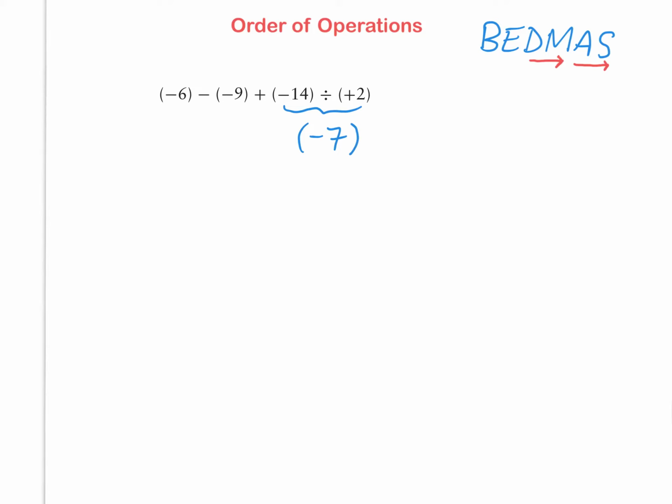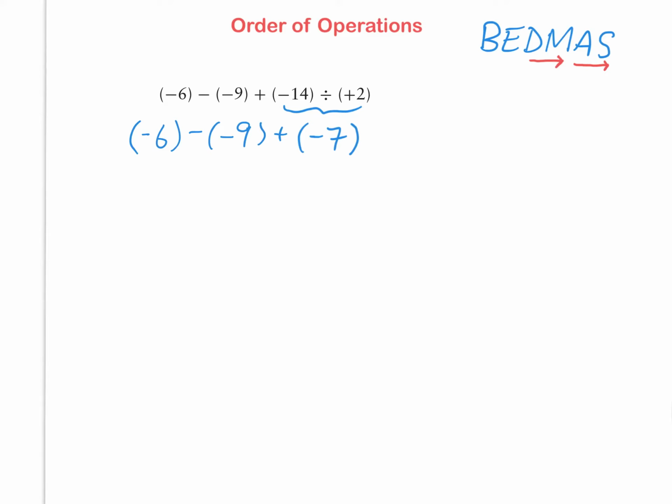I'm then going to rewrite everything exactly where it was. That's the biggest mistake kids make, they're not sure where to put the stuff, and it messes things up for them. So I'm just going to put this back where it was.